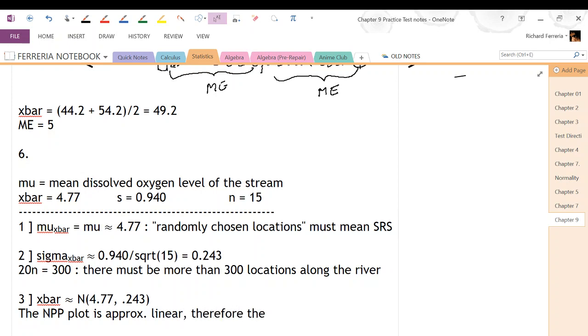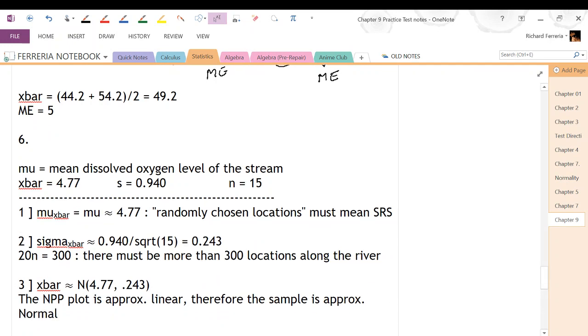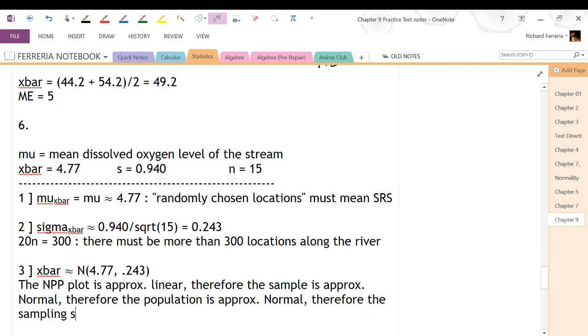Therefore, the sample is approximately normal. Therefore, the population is approximately normal. Therefore, the sampling distribution is approximately normal.